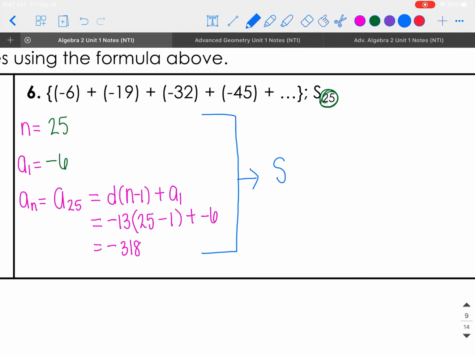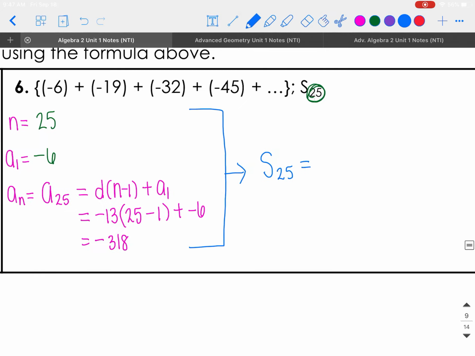Now I have everything I need to find the sum of the first 25 terms.